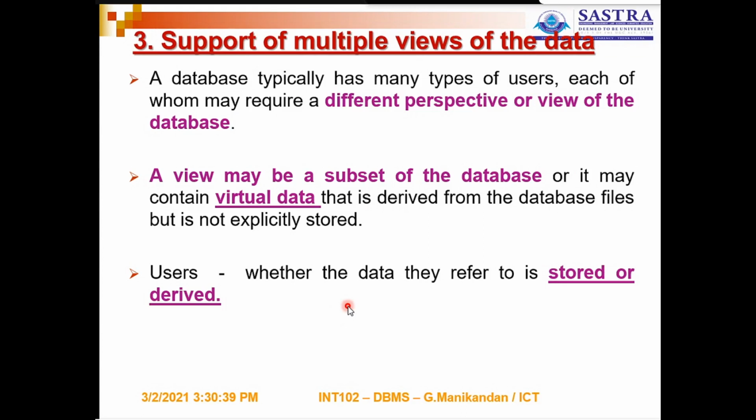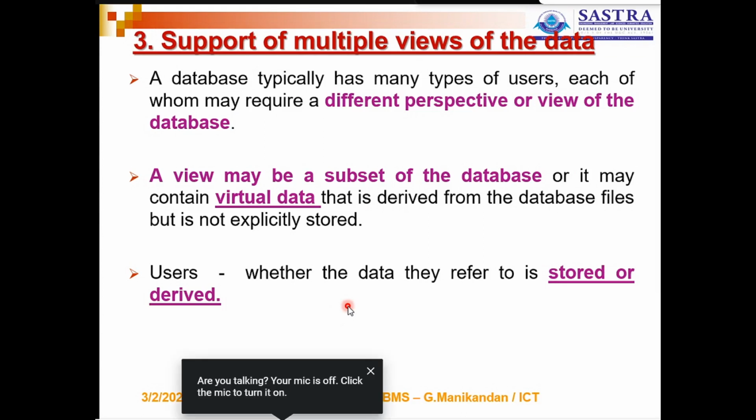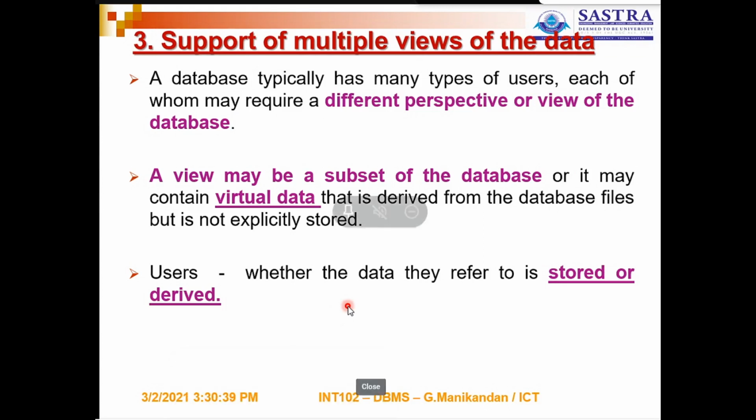Another thing is that certain data is called stored data and certain data is called derived data. Derived data means it is not physically stored as part of your table. One simple example: if I am storing information about a student in a table, it is enough to store the date of birth.